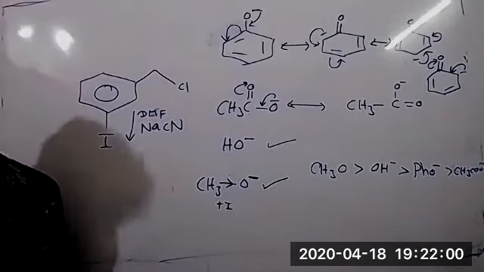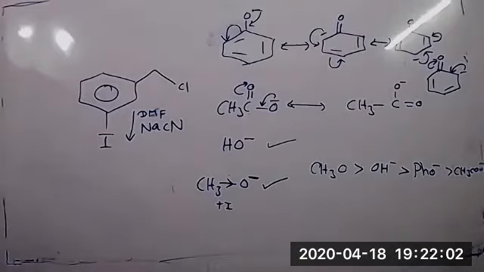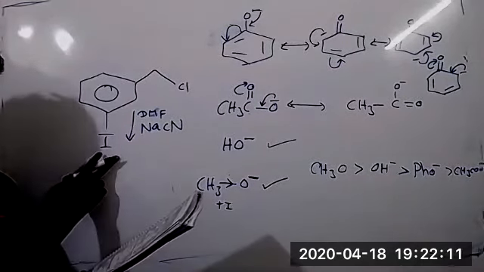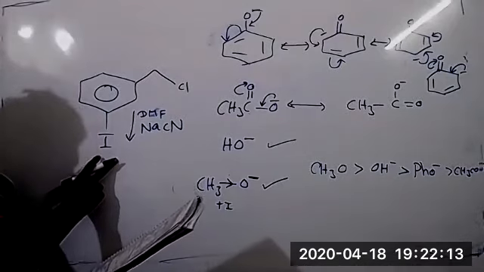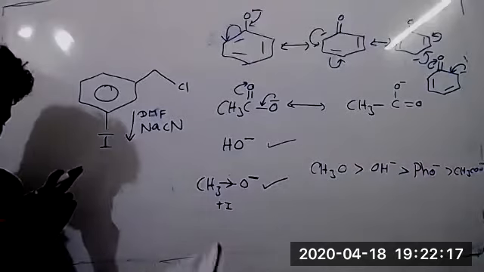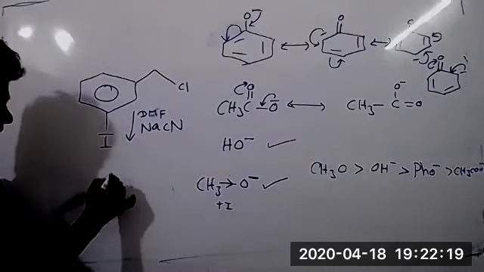What is the product? Which option is correct? Dhanush? Sir, in the presence of DMF, option D. Option D is correct.